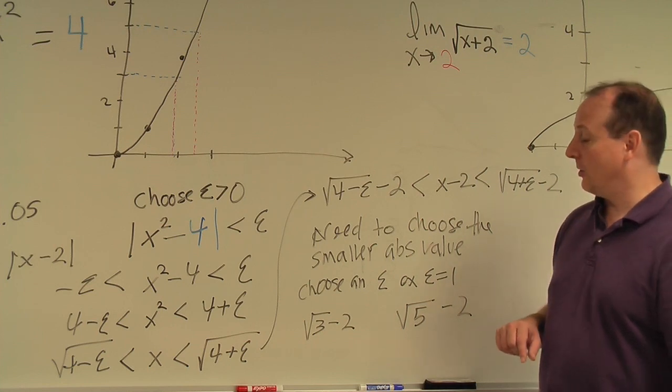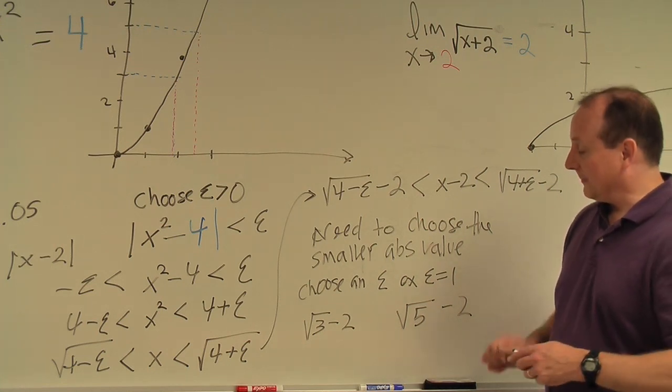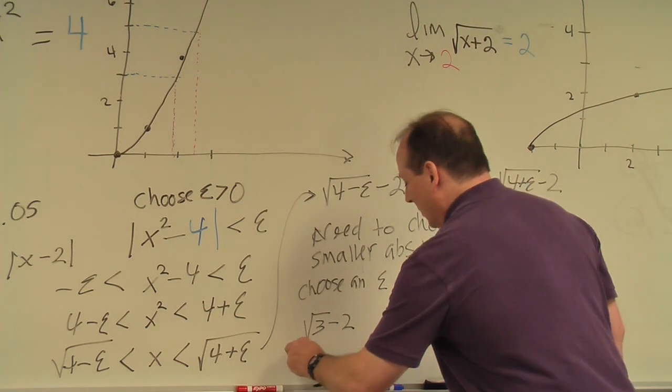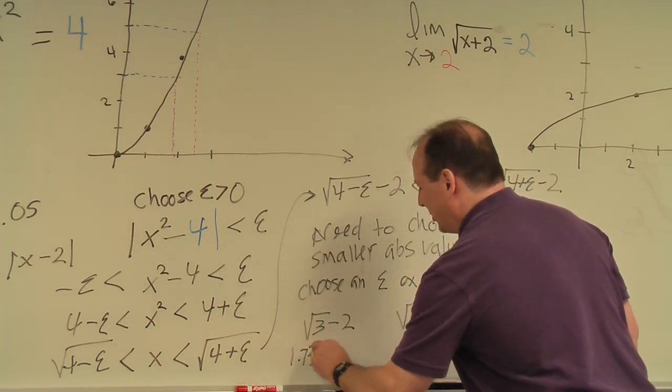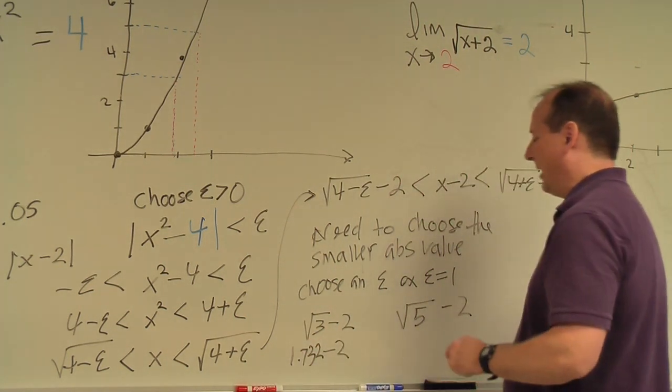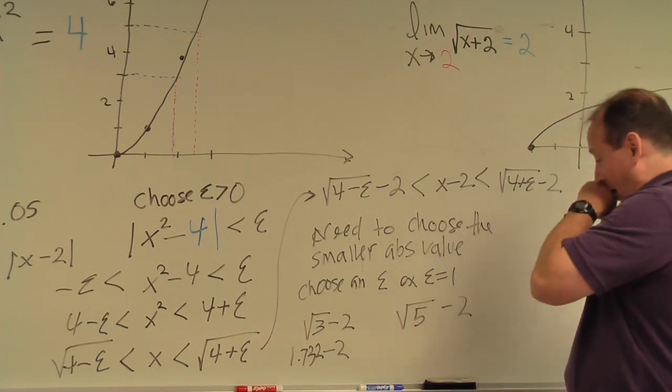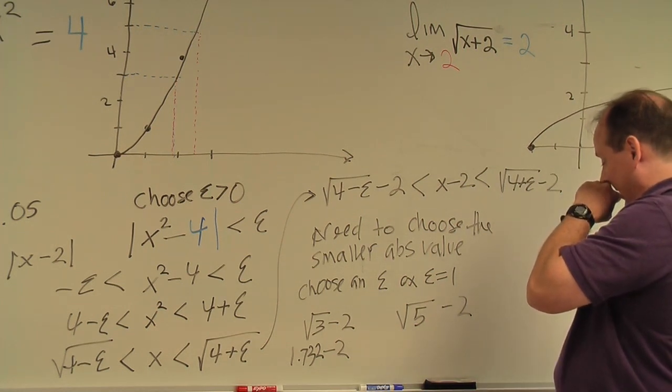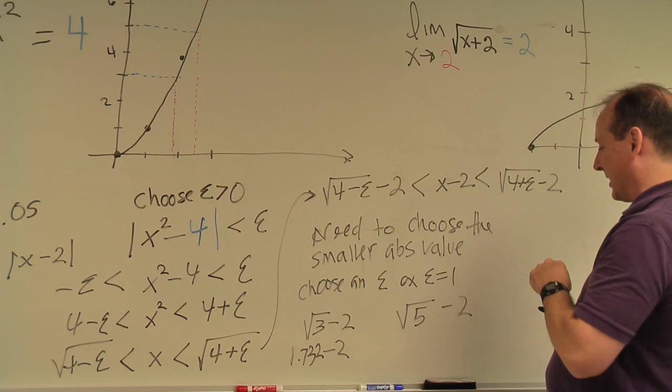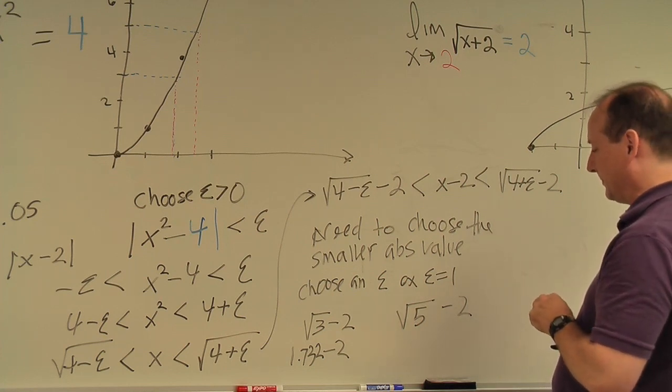Okay? So if we do, I think this is like 1.732 minus 2. And this is, if I'm remembering right, like 2.26 minus 2, right?